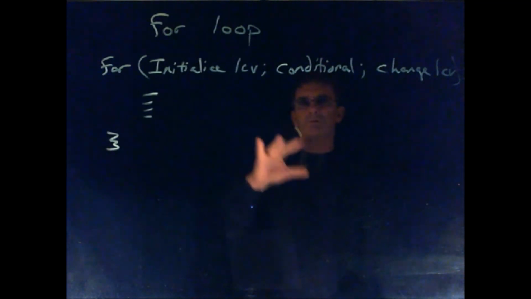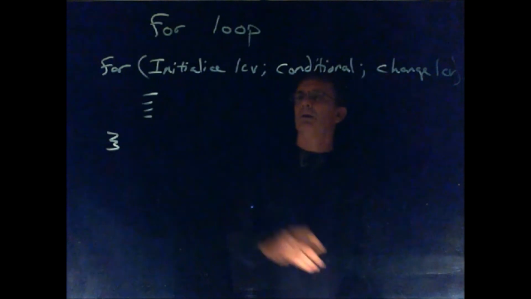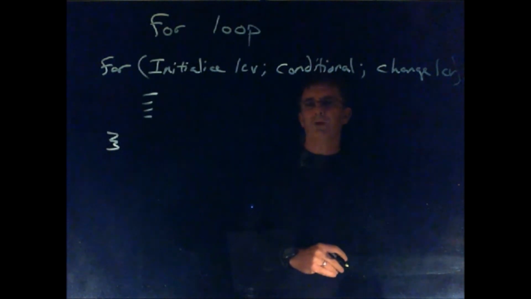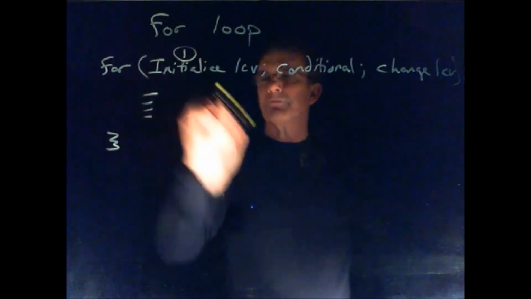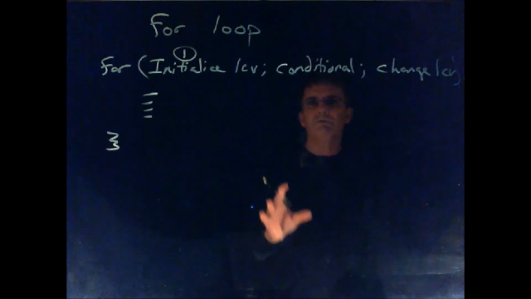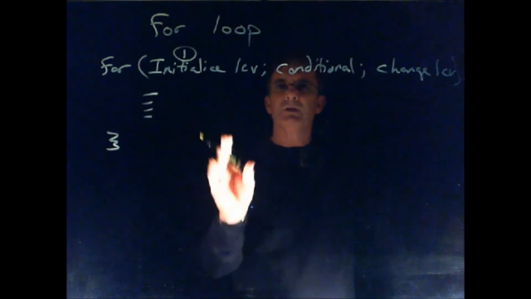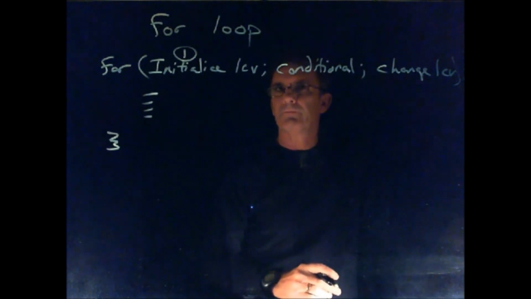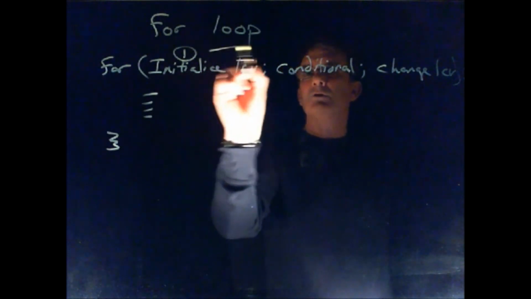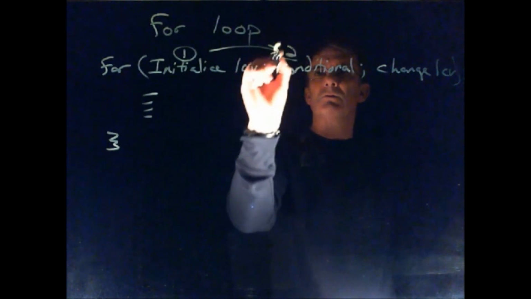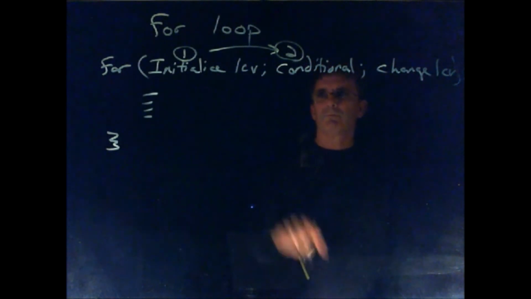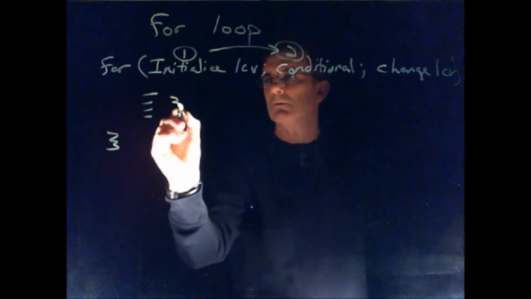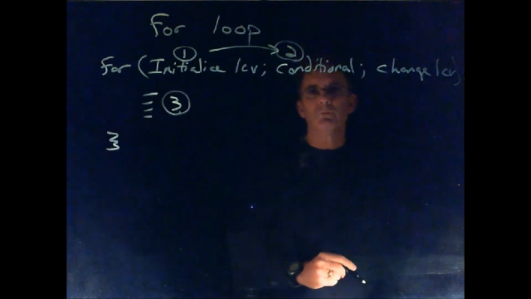So let me explain how the for loop executes. As we enter the loop, this is done first. We declare our loop control variable, we give it an initial value. We then check it against the conditional. If this statement is true, we execute the loop.